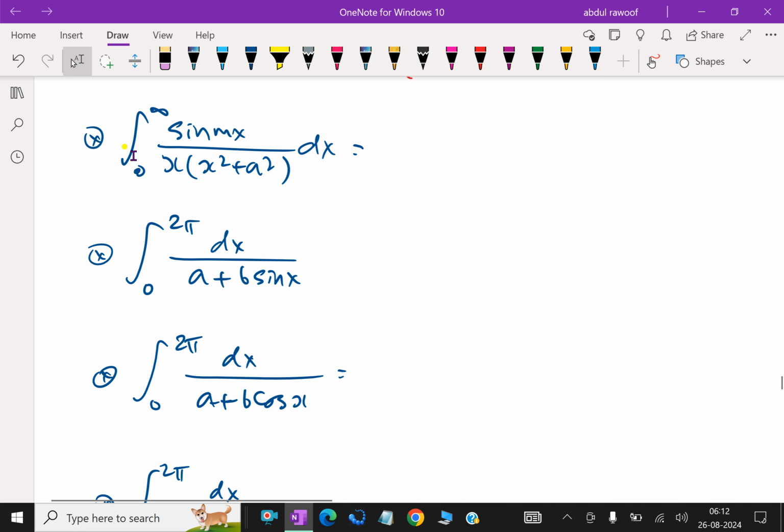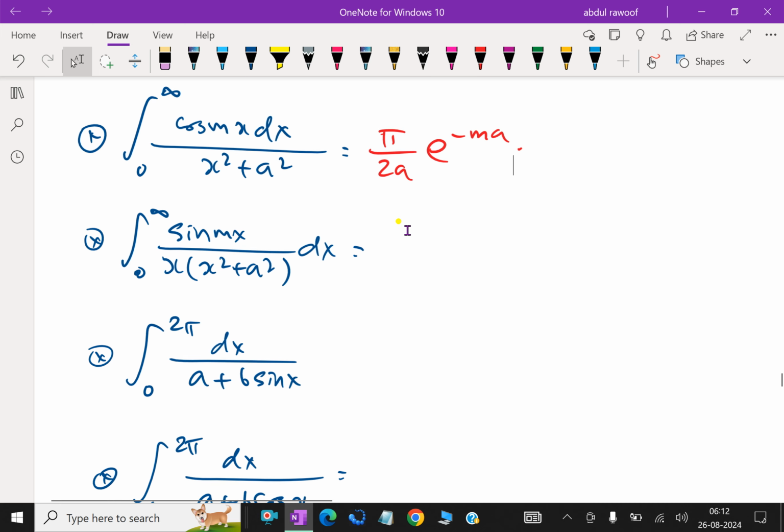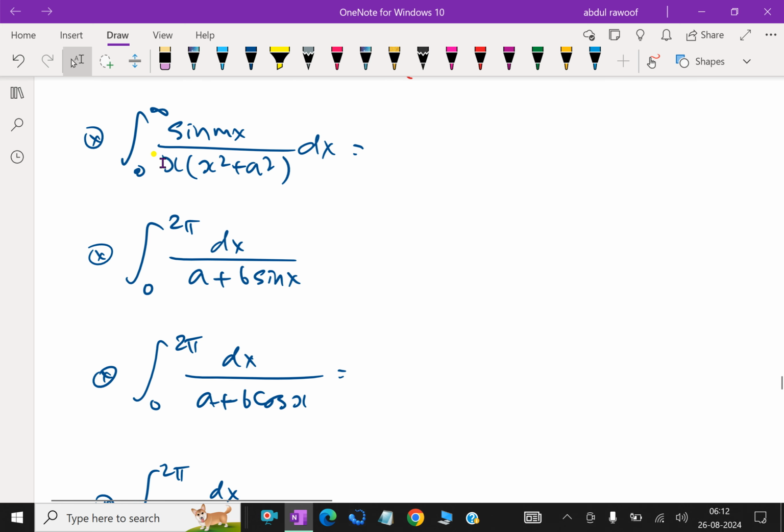Next one, the integral from 0 to infinity of sin mx over x into x squared plus a squared dx equals pi over 2a squared into 1 minus e power minus ma.